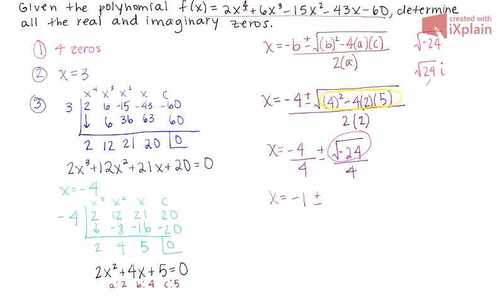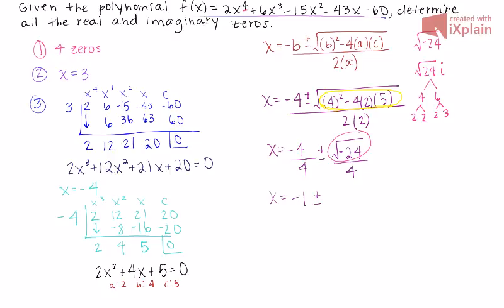Then you have to think of what two numbers can multiply to give you 24. Two numbers that I can think of are 4 and 6. 2 times 2 will give me 4. And 2 times 3 will give me 6.